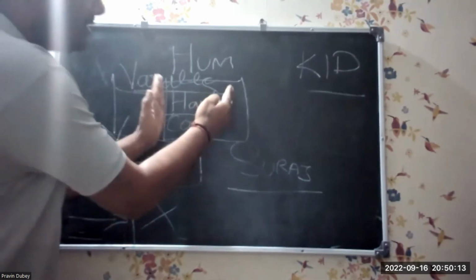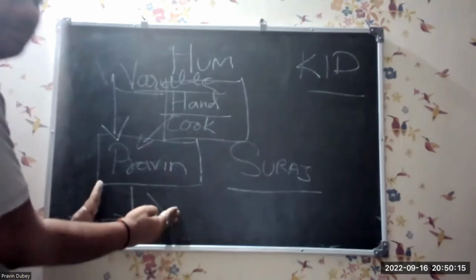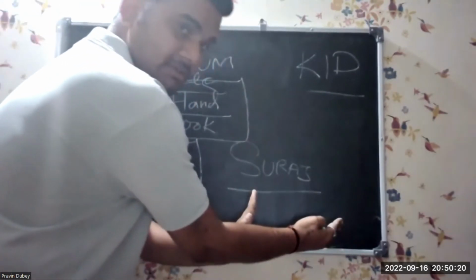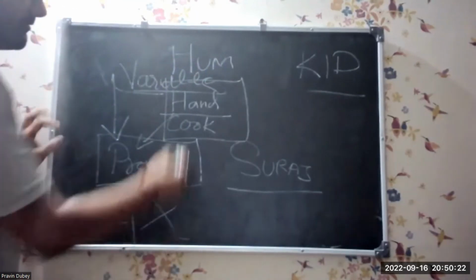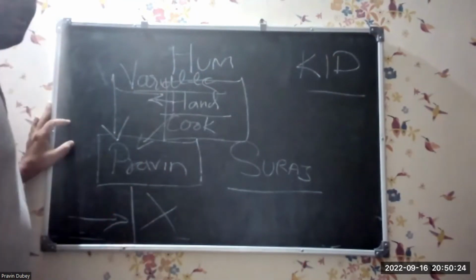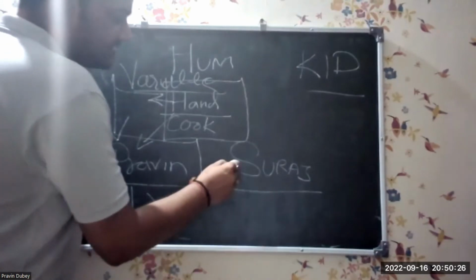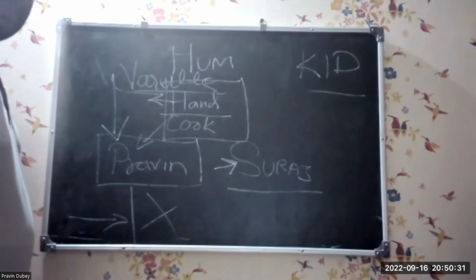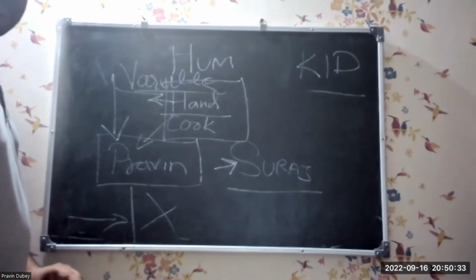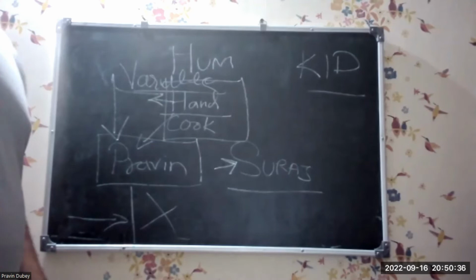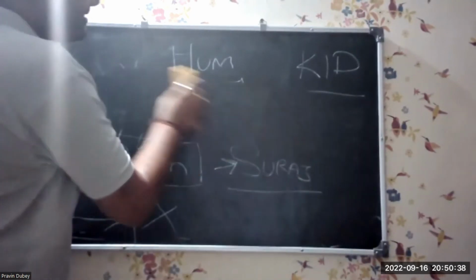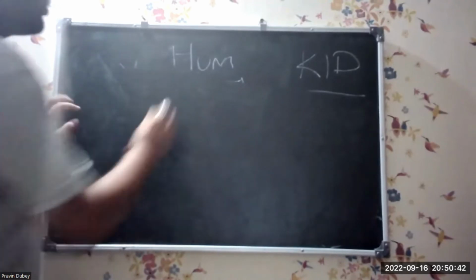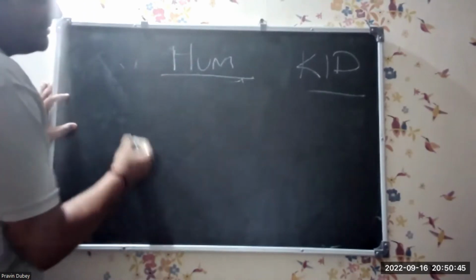It has its own copy of variable, and this has its own copy of variable. Meaning, if my hand will not work, it has nothing to do with what Suraj's hands can do or cannot do. Got the point? Yes. Okay. So every object has its own copy of variables.